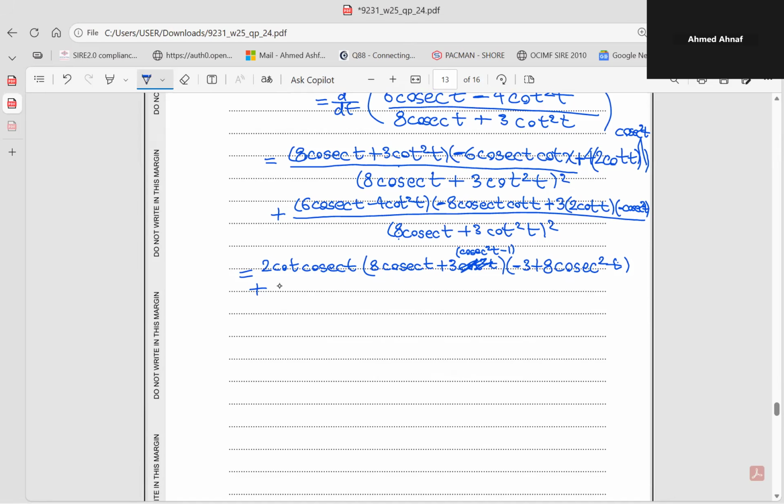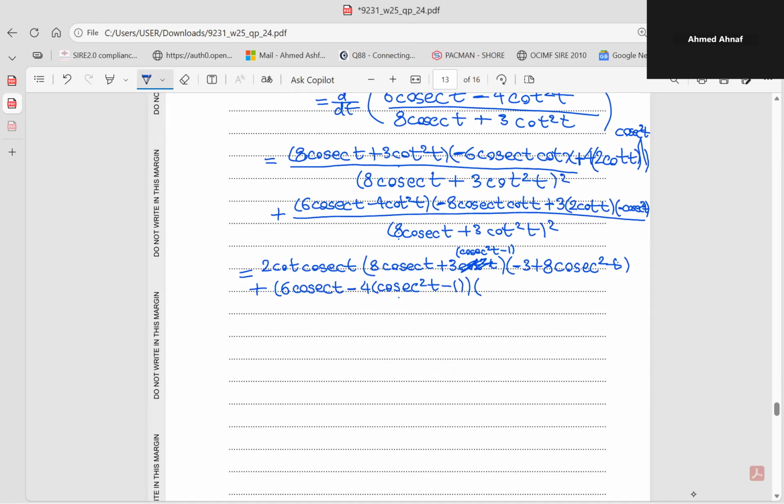Doing that, we will get 6 cosecant t minus 4 cotangent squared t, which we can also replace with cosecant squared t minus 1, times minus 4, minus 3.